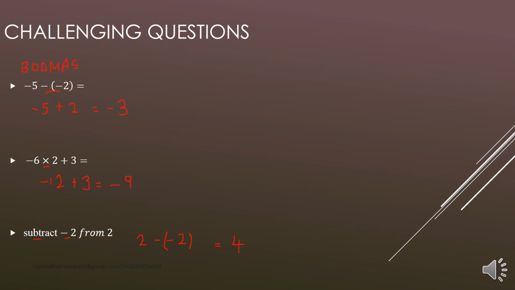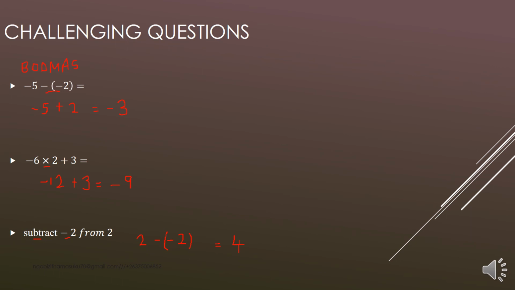So under multiplication and division, there are two major concepts: negative by positive is equal to negative, and negative by negative is equal to positive. Those are two formal rules that one ought to know very well.